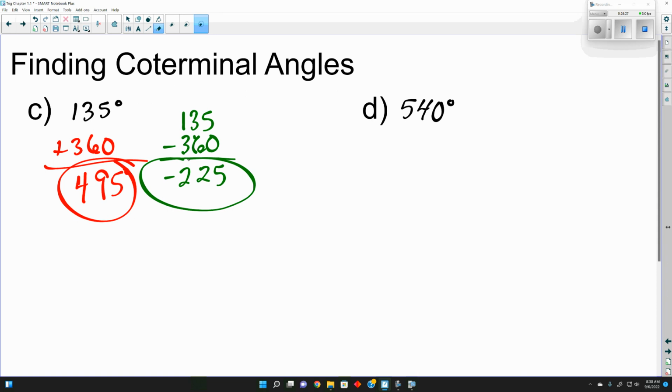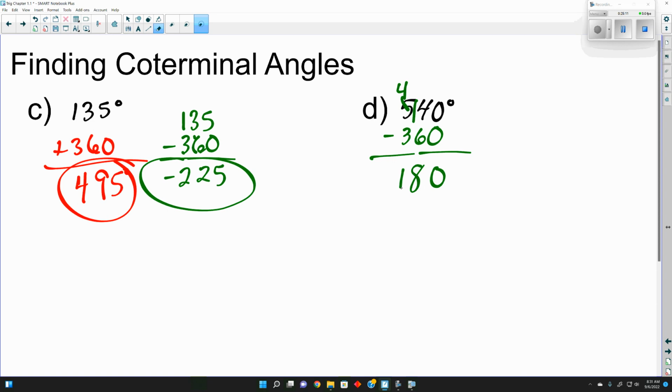Now 540 is a little bit different because this time, well, is 540 bigger than 360? Yes. And what's interesting about this is if I subtract 360 from it, 540 minus 360 would give us 180.